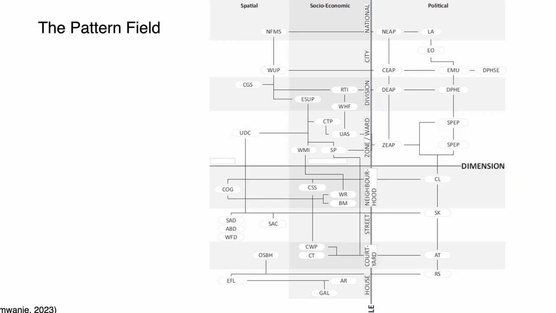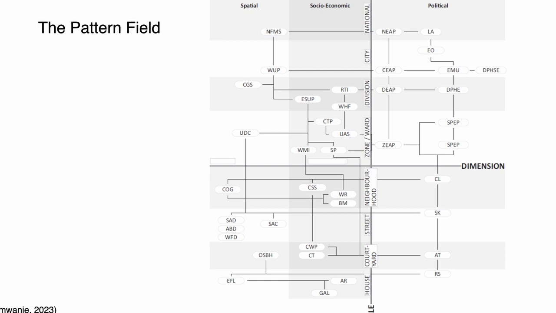I'll show you a pattern field from my work. Here I merged using the scale. So you can see the scale: house, courtyard, street, neighborhood, zone, or ward, because that's KCCA's way of labeling zoning, the smallest administrative unit.